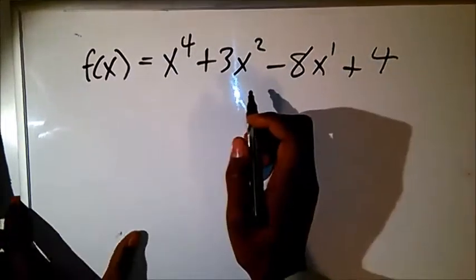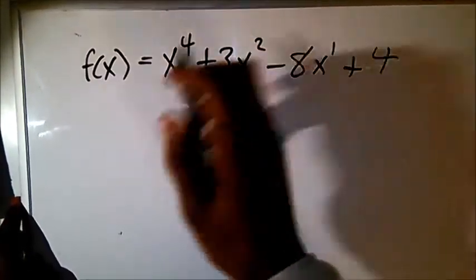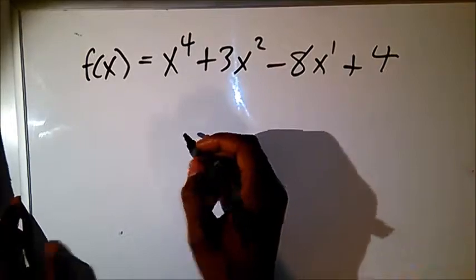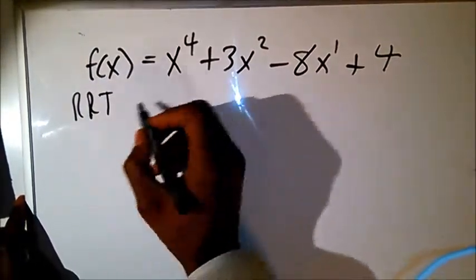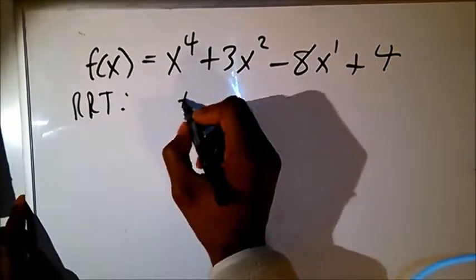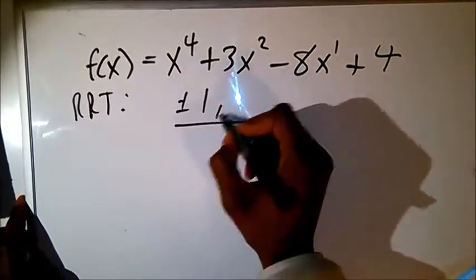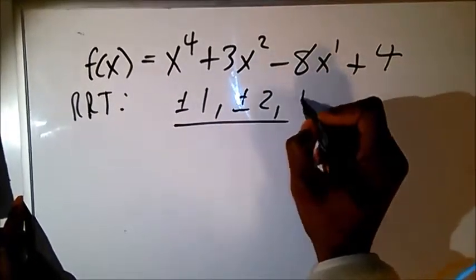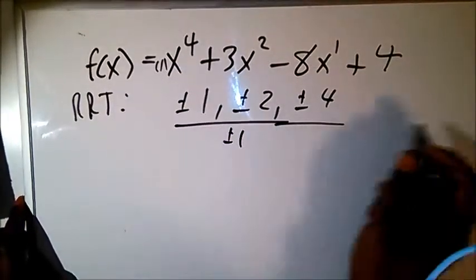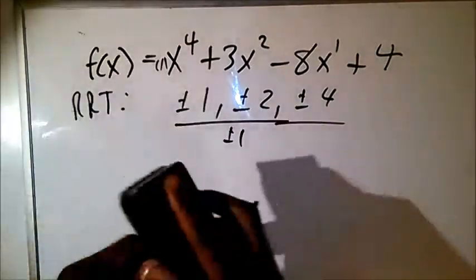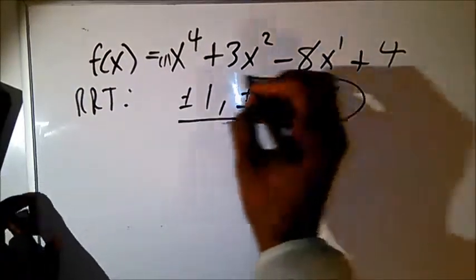We did this one previously, and we did our rational root test. We had all the factors of 4 and all the factors of invisible 1, and we came out with these possible roots.